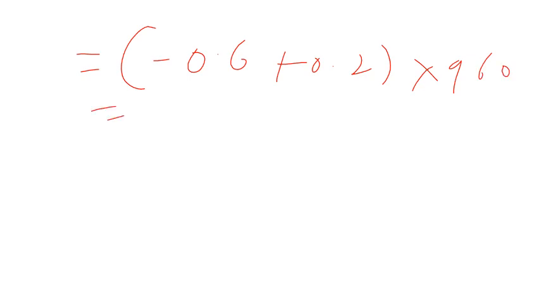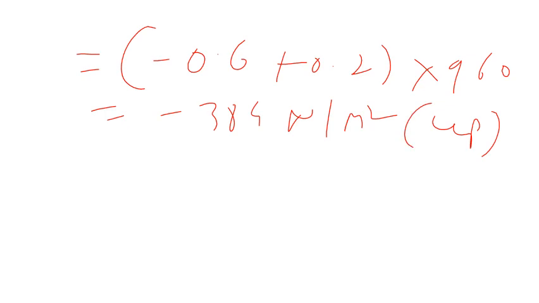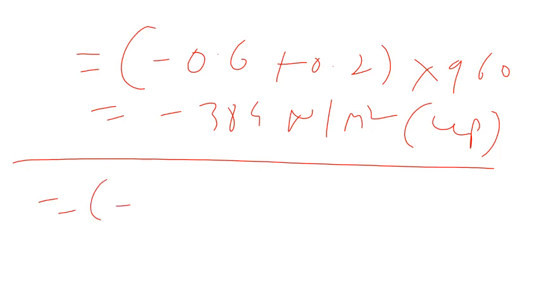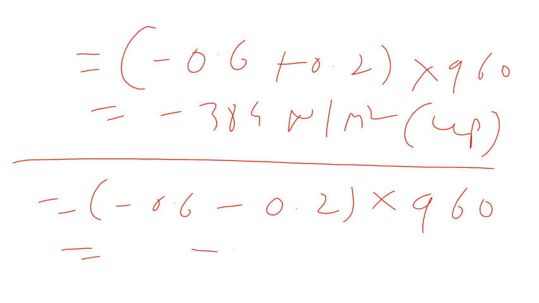So this will give us the value as minus 384 Newton per meter square, that is upward, right? Then if we consider the negative value for this, again it will be the same, minus 0.6 minus minus 0.2 into 960. So this will come to minus 768 Newton per meter square, up.